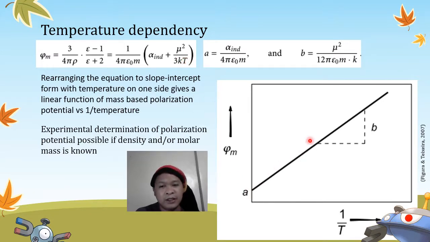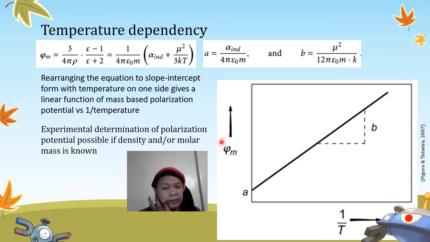As you can see here, there is a linear relationship with 1 over temperature on the x-axis and the mass-based polarization potential on the y-axis.